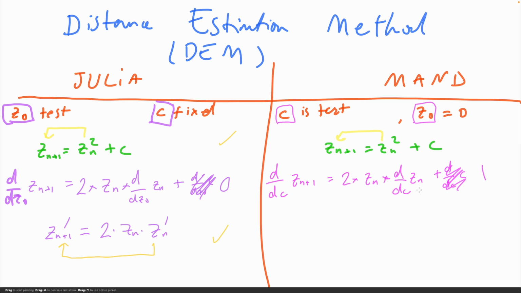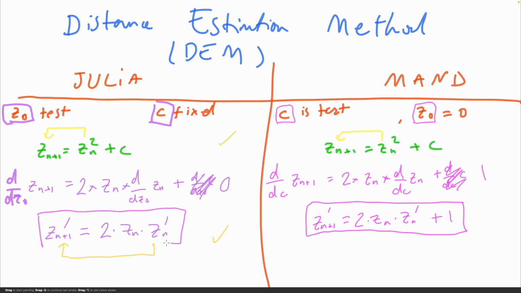So there's a slight difference now. Here the expression is Zn plus 1 gradient equals 2 times Zn times Zn gradient plus 1. So that one's got a plus 1 and this one doesn't. And again, this fits nicely into our iteration because we're using the old gradient to work out the new one.